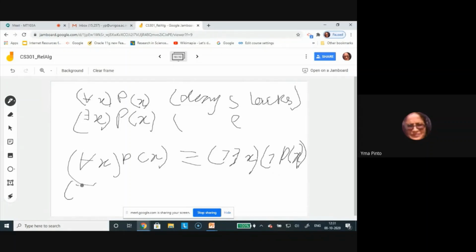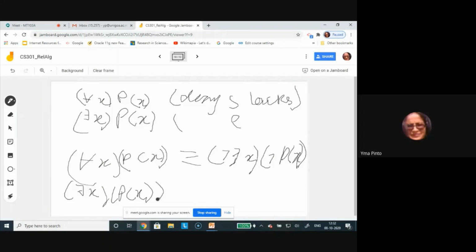And the other equivalence is, if I have there exists X P of X. The reason why I need this is because sometimes while solving, I may need to look for an equivalent expression.